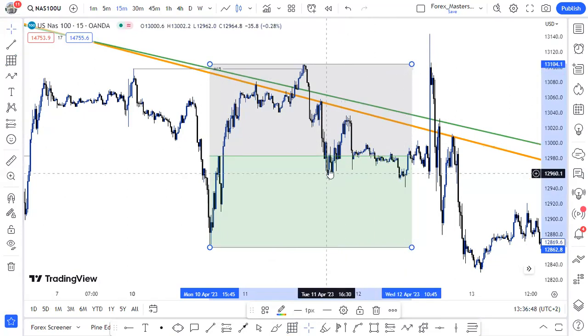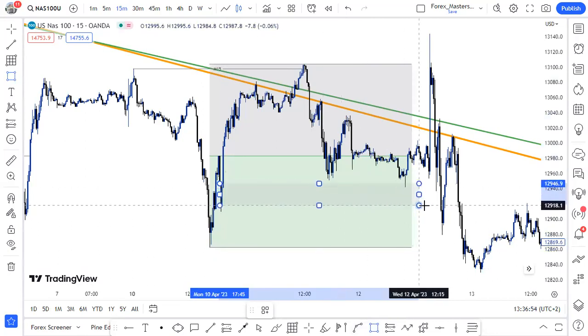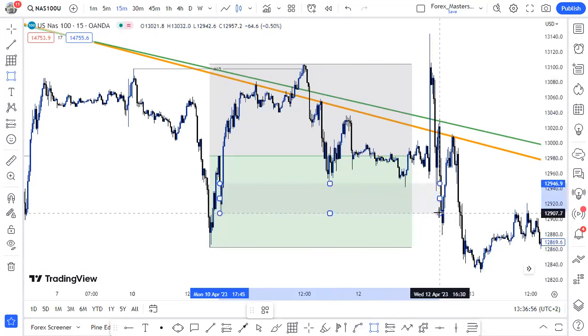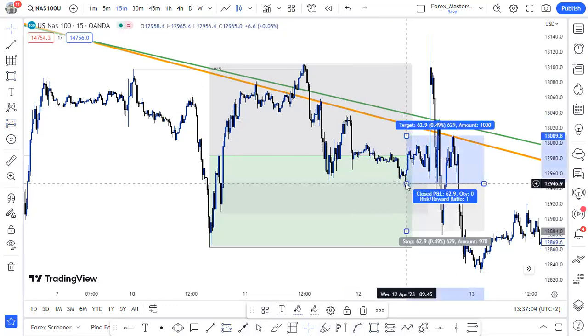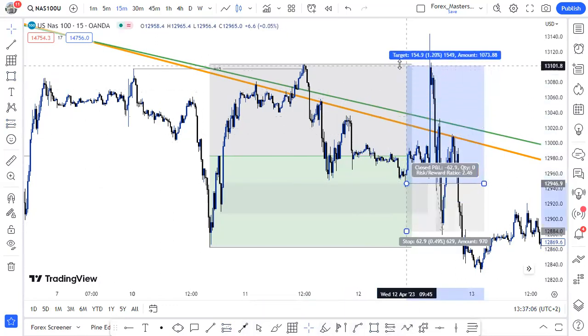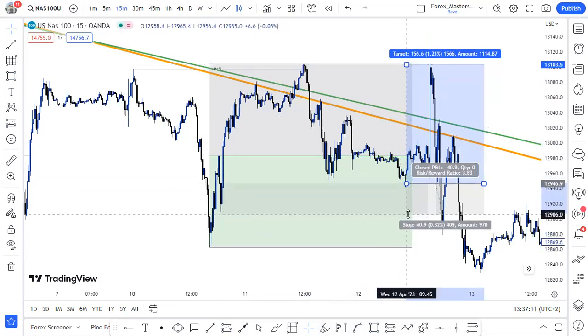So you can see price pulled back into these areas. Again, if you're looking for some nice buying opportunities, I believe these were the trades that we capitalized on. These were nice trades that we bought. So again, you'll be looking to buy the market, and where will be your target? Your target will be the previous high. So that was the target that we took right there, and it was a nice trade.